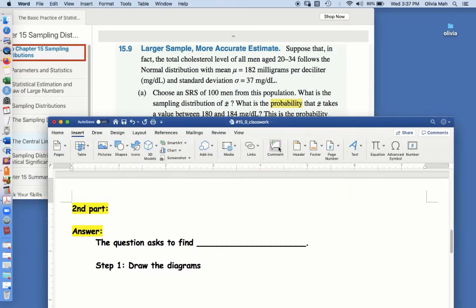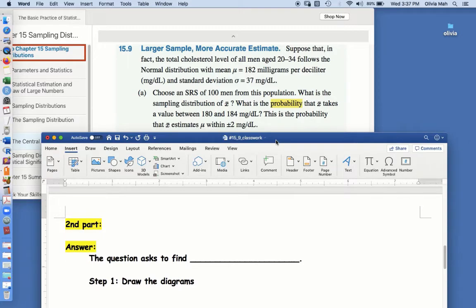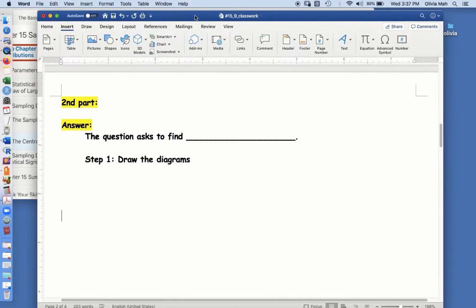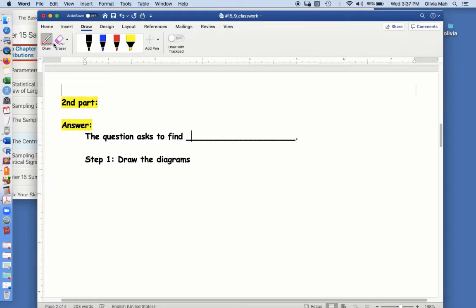Okay, let's get back to the demonstration. Here it is. For the second part, the first thing is you have to be very clear what the question is asking you exactly. So let's write this out mathematically. The second part is asking you to find the probability, meaning proportion or percentage, such that your sample mean falls within two numbers.